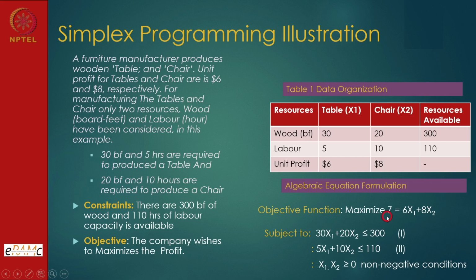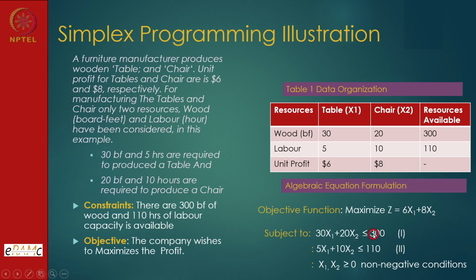Z is the profit variable: Z equals 6x1 plus 8x2, the objective function to optimize. The wood constraint, in board feet, is 30x1 plus 20x2 less than or equal to 300.